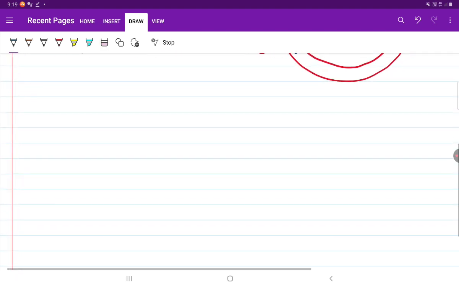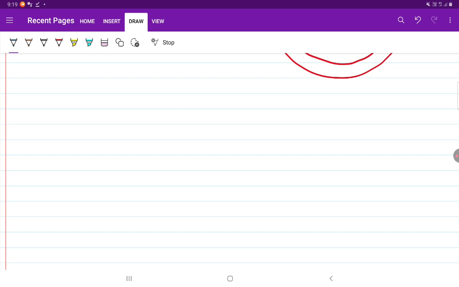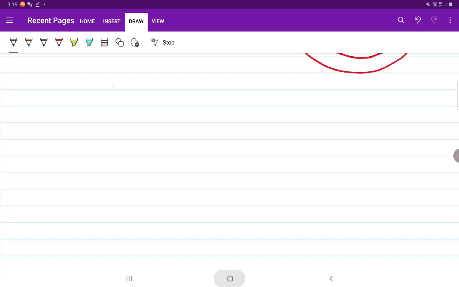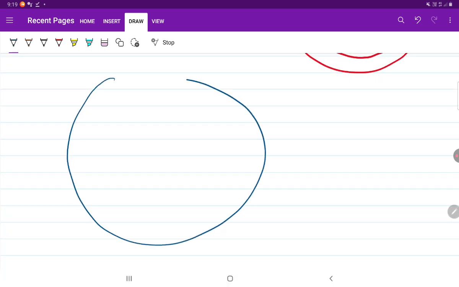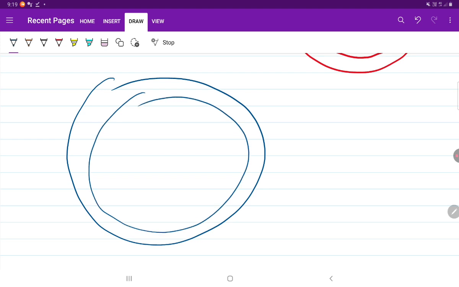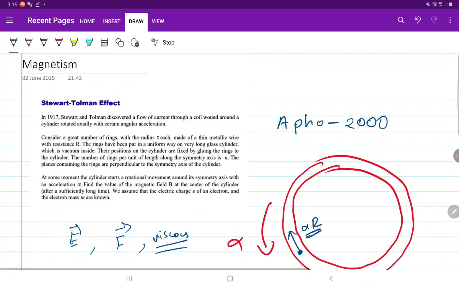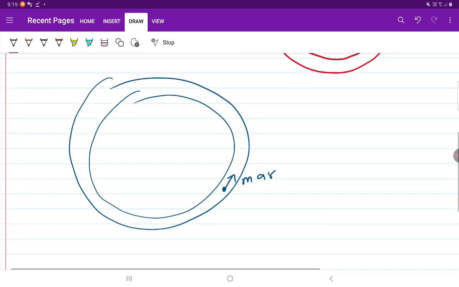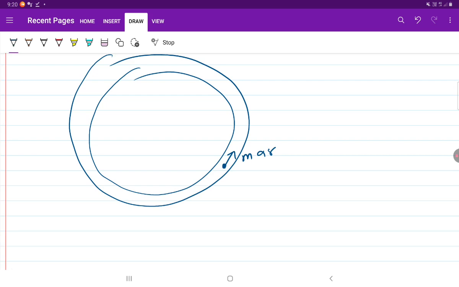Now observing with respect to the coil frame, the medium and the electron will be moving with the same velocity, but the electron will experience a force m alpha r. We'll keep it as small r, because probably they have given the answers in terms of small r. So this is the force on the electron.